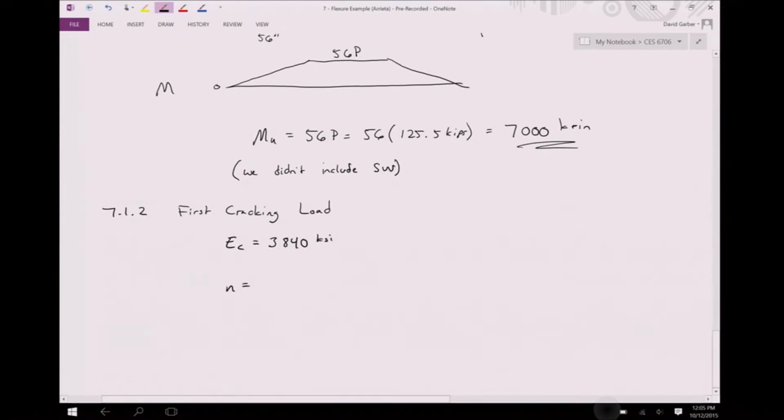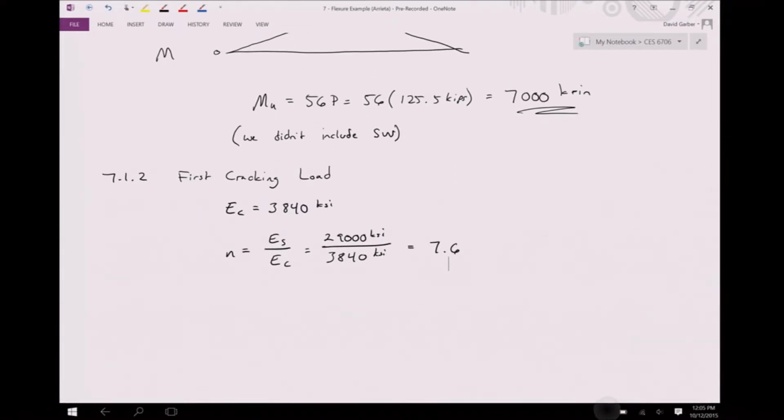So then we can find our modular ratio, which is just Es over Ec. This will be 29,000 ksi over 3,840 ksi, which will give us a modular ratio of 7.6. So now we'll need our uncracked transformed section.